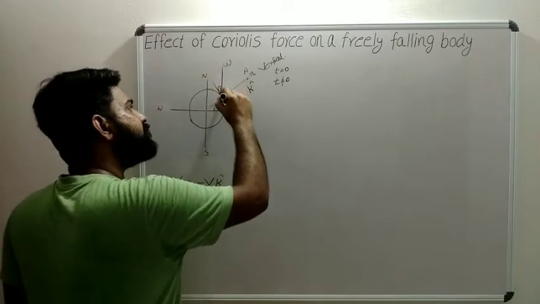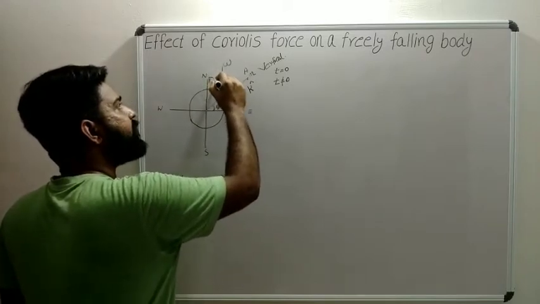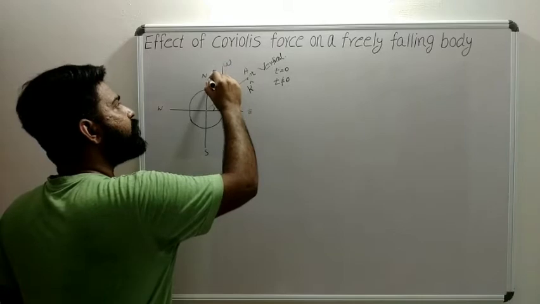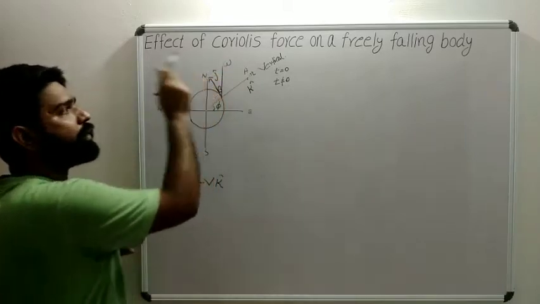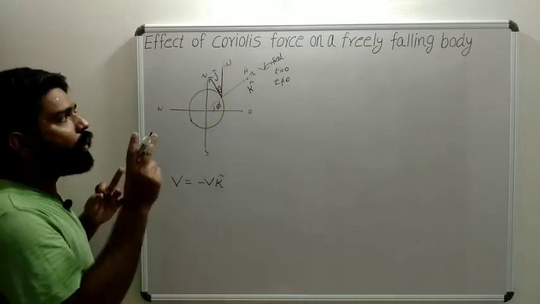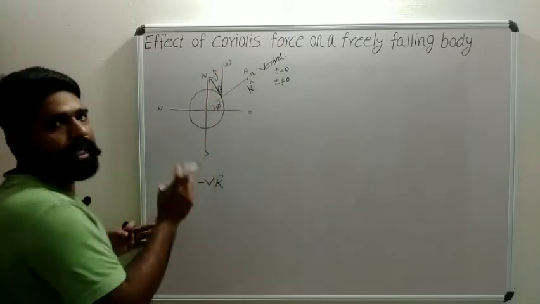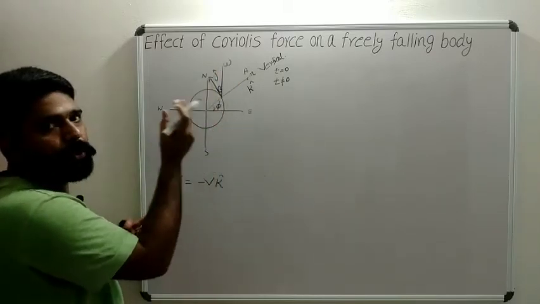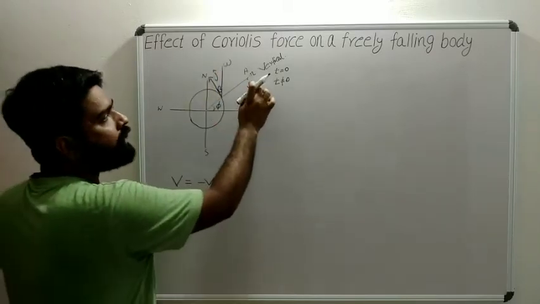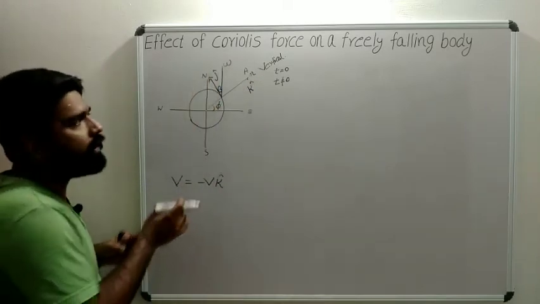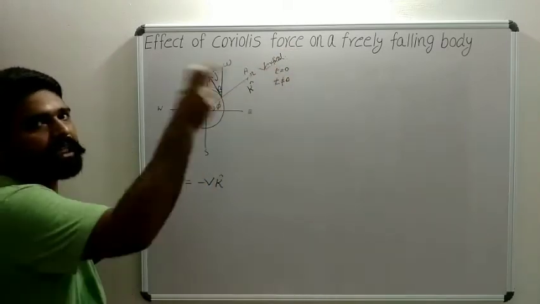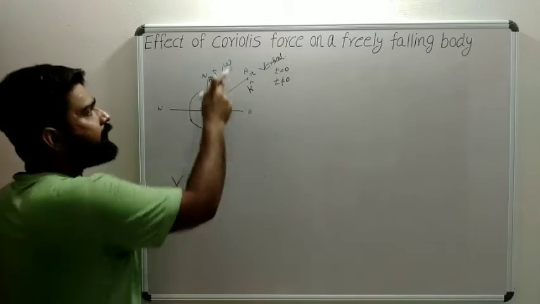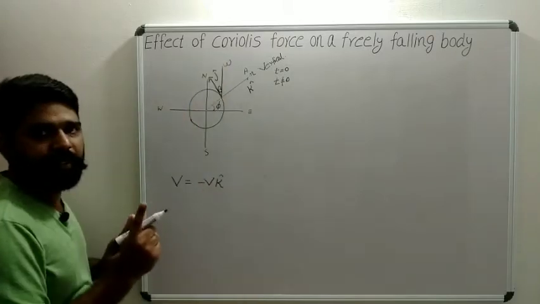This is the unit vector j, towards the direction of north. So the omega can be split into two terms. One is in the form of the k vector, that is in the vertical direction, and another one is in the horizontal direction, that is in terms of the j vector.